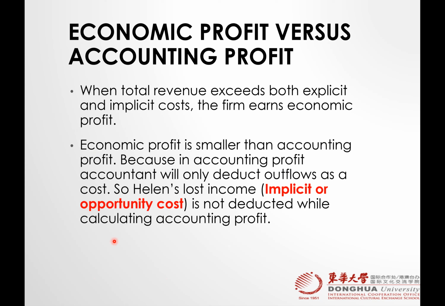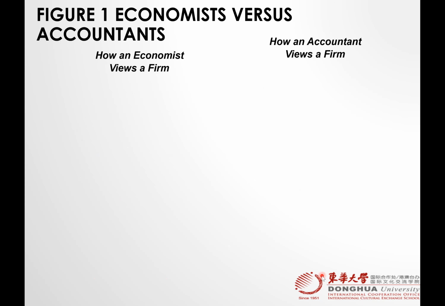Because accounting profit includes only explicit cost, while economic cost includes both implicit and explicit. So economic cost is going to be higher than accounting cost, and economic profit is smaller than accounting profit. Everybody understand that? Okay, good.